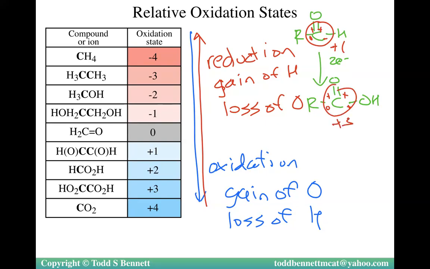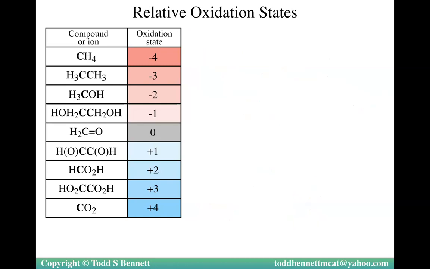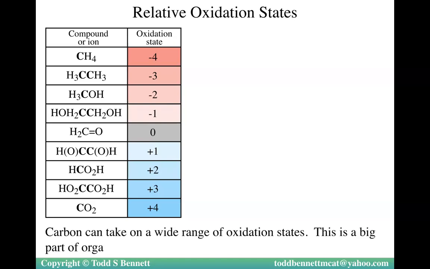So sure enough, it works out that way. When you end up gaining a bond to O and losing a bond to H, you're oxidized by 2 electrons. So knowing this chart will help you see the big picture of functional group oxidation reduction. We're going to do an awful lot of this when we deal with alcohol and carbonyl chemistry. So carbon can take on a wide range of oxidation states, anywhere from -4 with all hydrogens to +4.